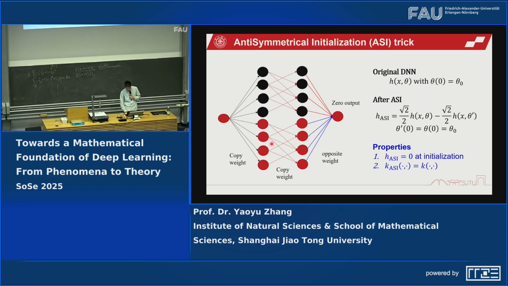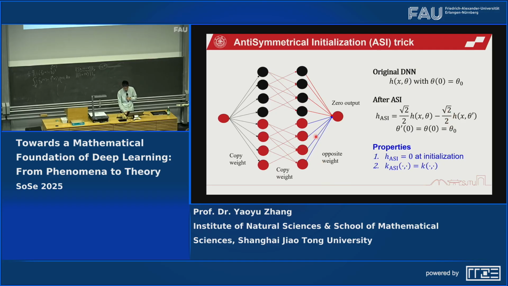So whenever we have a neuron, we initialize this part in a normal way. However, after initialization, we duplicate this network. The output weights work in a way that one side is square root 2 over 2 for the initial outputs, and the other part is minus square root 2 over 2.